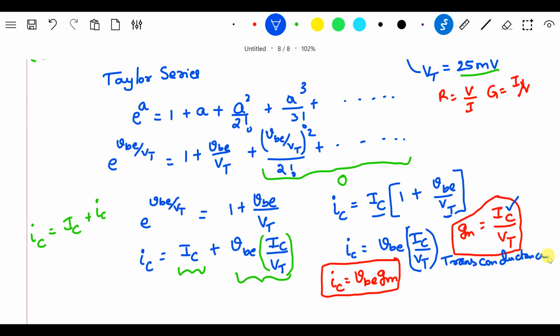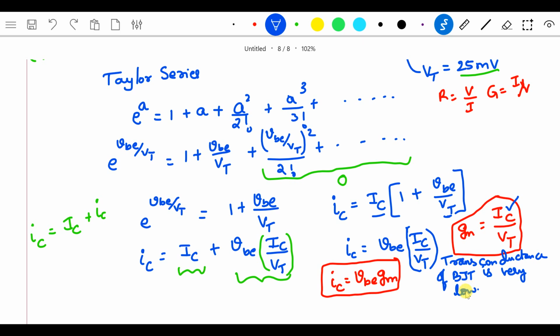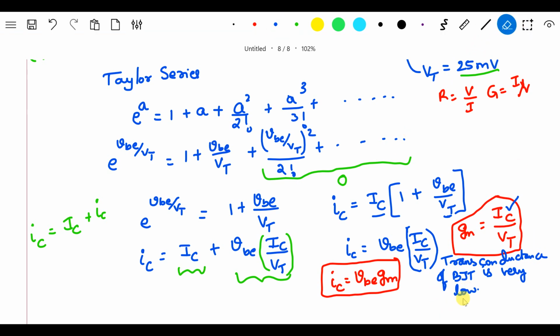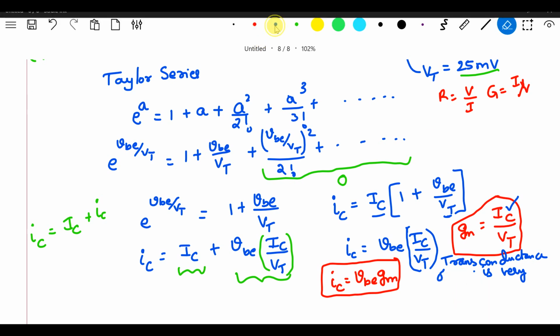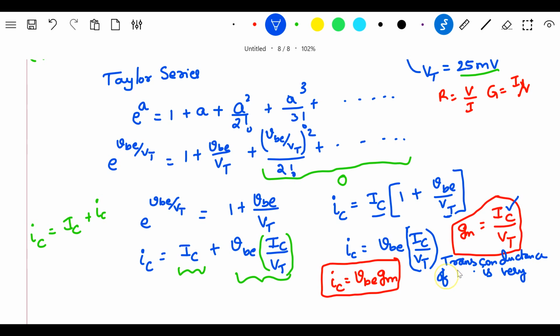Definitely, the transconductance of BJT is very high, because GM is directly proportional to IC.